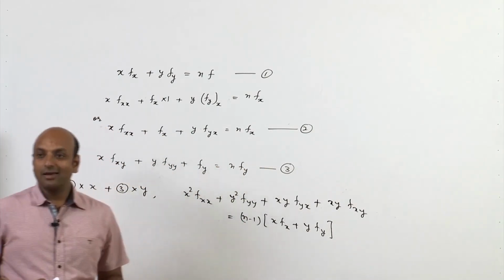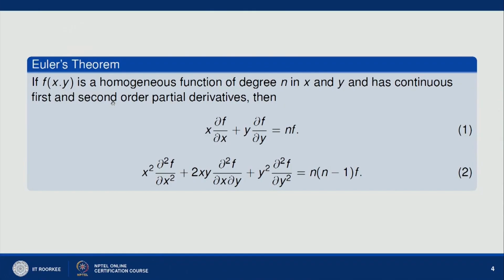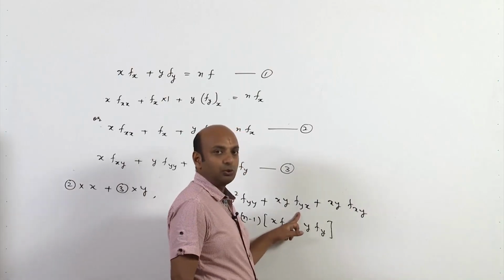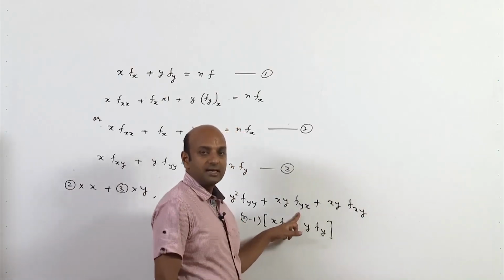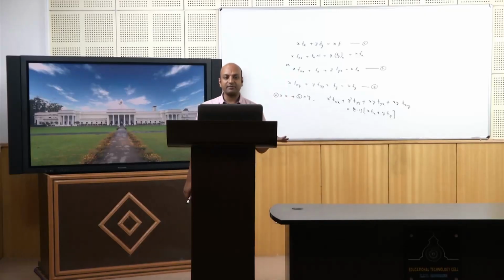Now, since in the statement it is given to us that it has continuous first and second order partial derivatives, we can say that f x y is the same as f y x, both are equal, because it has first and second order continuous partial derivatives.